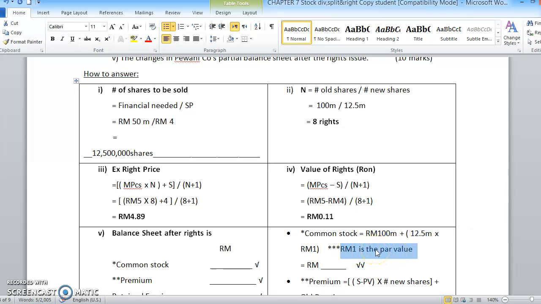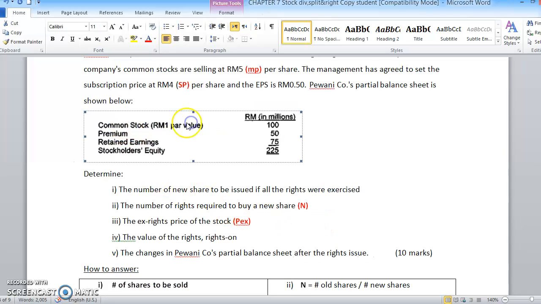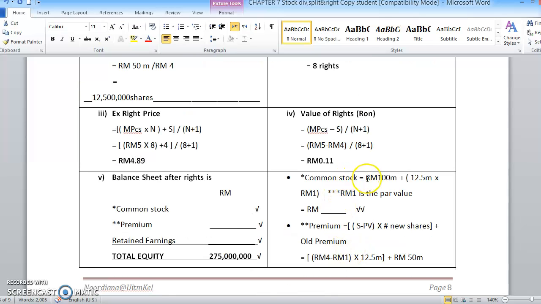Untuk soalan stock right juga, ianya tidak akan efek par value. So, par value kekal sama RM1 as in the question, seperti yang diberi.